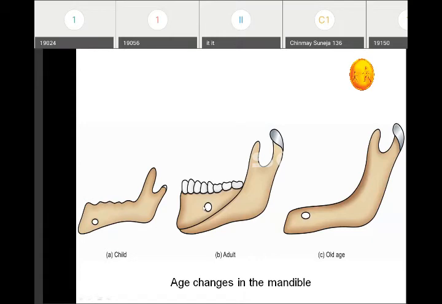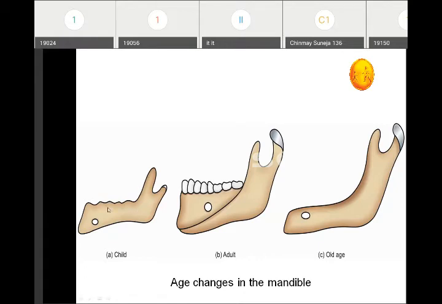Whereas in the adult, the mental foramen is present in the center between the upper border and the lower border. And in old age, the alveolar part is almost absorbed. So the mental foramen is towards the upper border, and the mandibular canal is also near the upper border. You can appreciate the angle between the ramus and the body.